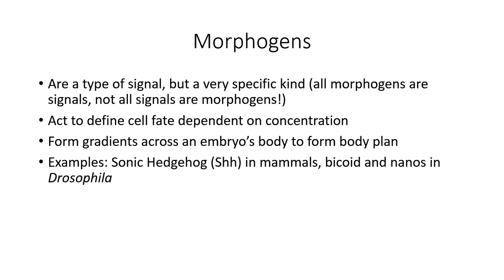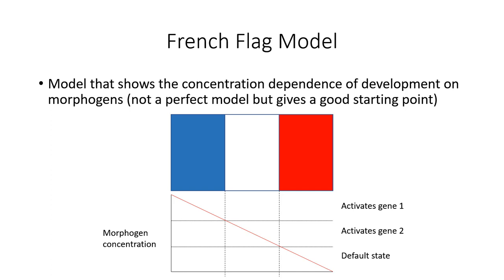Dependent on their concentration, they will define different cell fates and activate different genes. And what they'll do is actually form a gradient across an embryo, and then different regions will have different cell fates. So let's look at how this works with a very popular model called the French flag model.